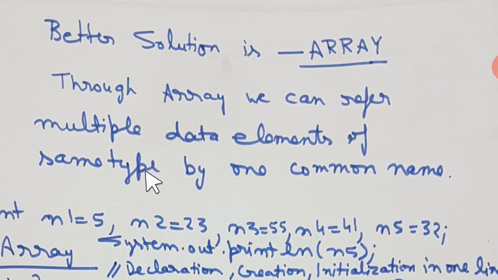Float type array. So it must have multiple data elements, and second, all the data elements must be of the same type. So through an array we can refer to multiple data elements of similar type. But the best part is that they are referred to by one common name. Just one name will be used for that.